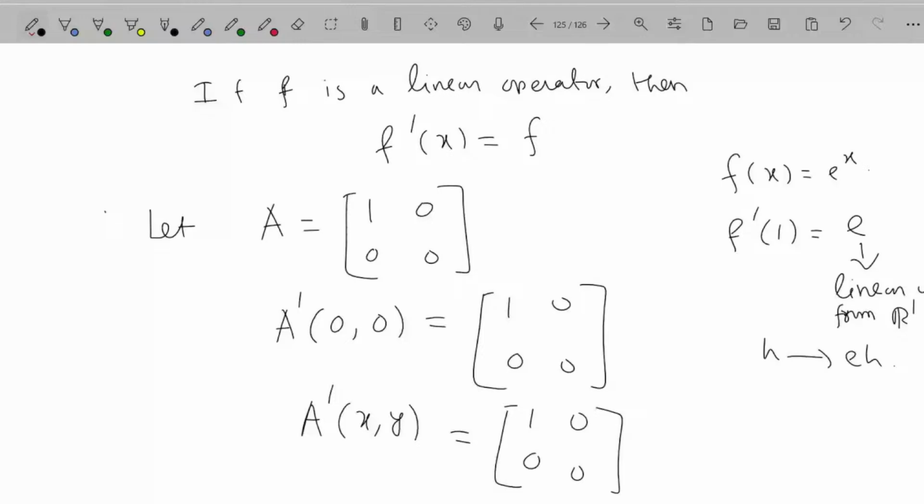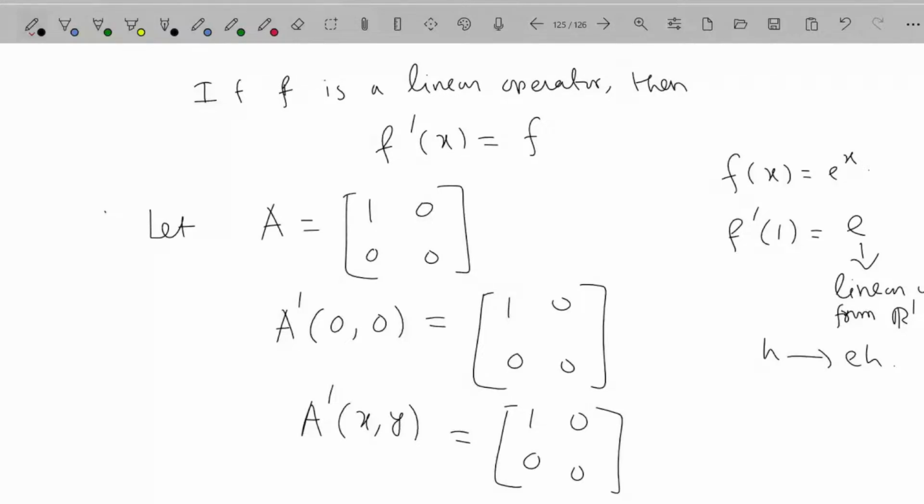We already discussed this before the starting of the lecture; I think you were not there. Any real number can be thought of as a linear mapping from R1 to R1. And any linear mapping from R1 to R1 can be thought of as a constant, because any linear mapping is of the form constant times x.